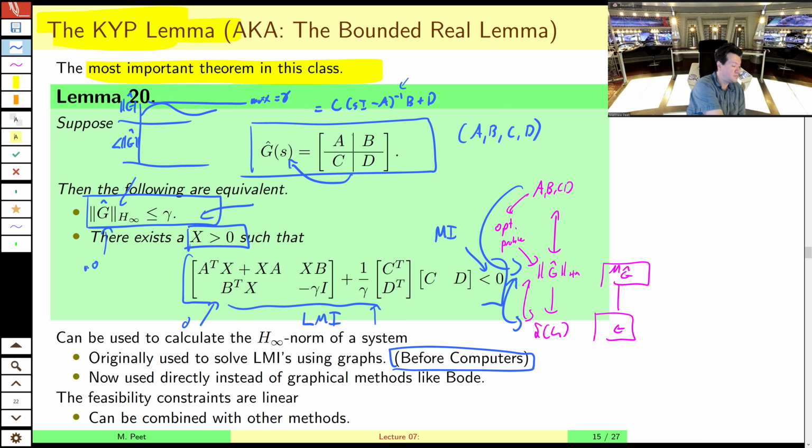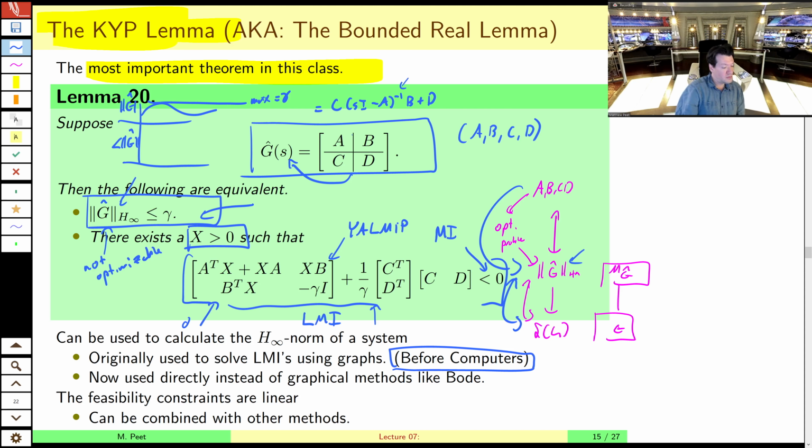They're not optimizable. So we use this to convert the representation constraint on the transfer function into an optimization problem, which is now much easier to solve because we have interior point methods and so forth. We have YALMIP. But they didn't used to have YALMIP, so they did it the other way.